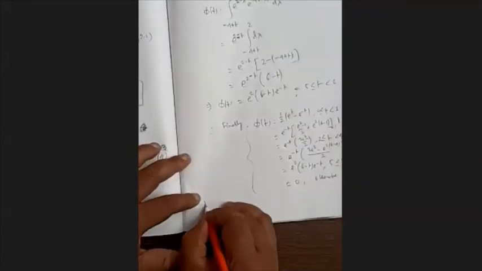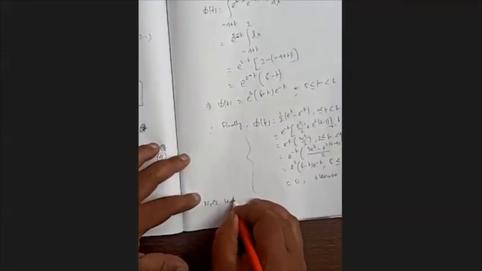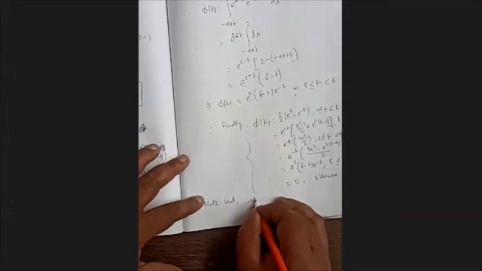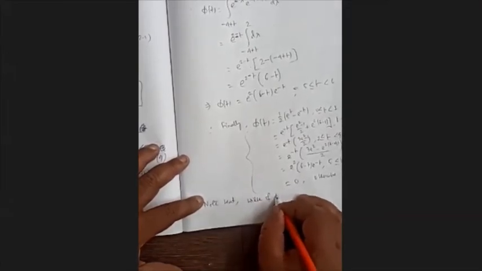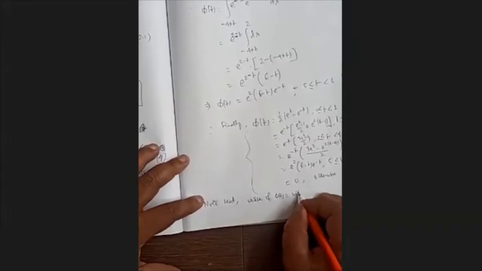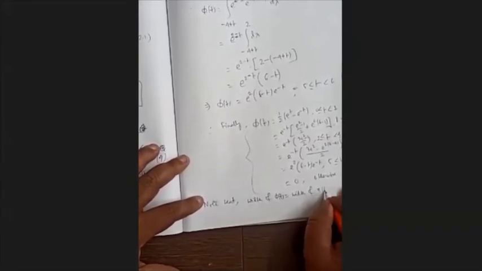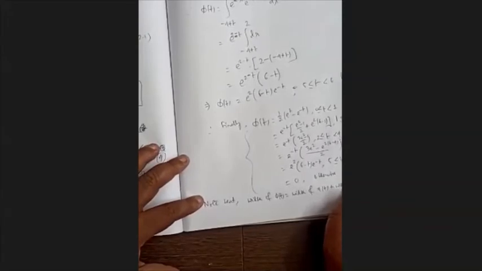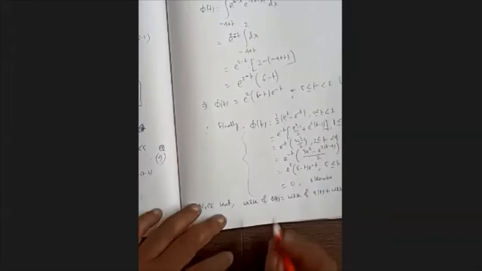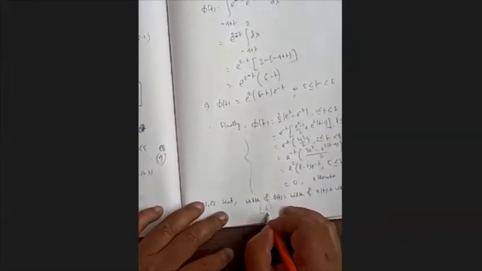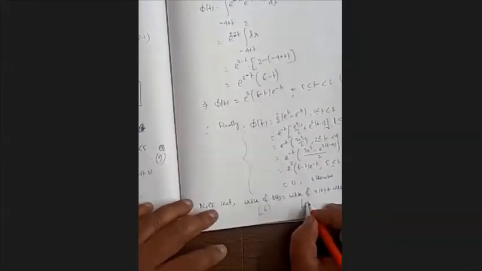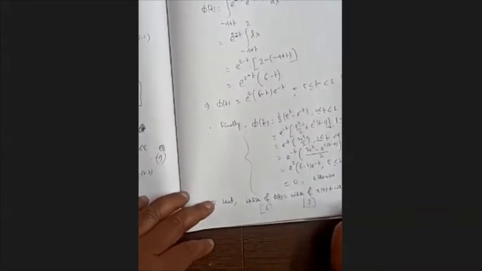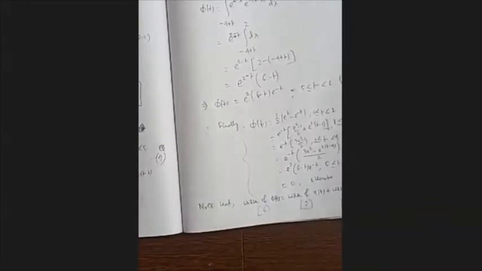Okay, so note that width of phi t will be always equal to width of xt plus width of gt. So here this is 6, this is 2, and this is 4. That will be always satisfied.